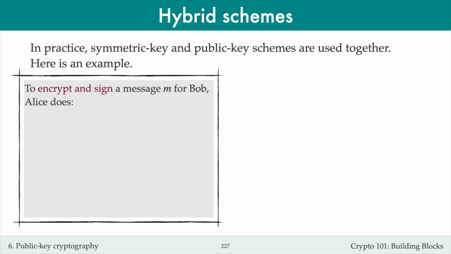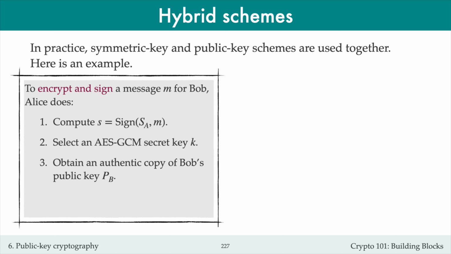Suppose that Alice wishes to encrypt and sign a secret message M for Bob. Alice first signs the message M using her secret key for a digital signature scheme. The signature is S. Alice then selects a secret key K for a symmetric key encryption scheme such as AES, and she obtains an authentic copy of Bob's public key PB.